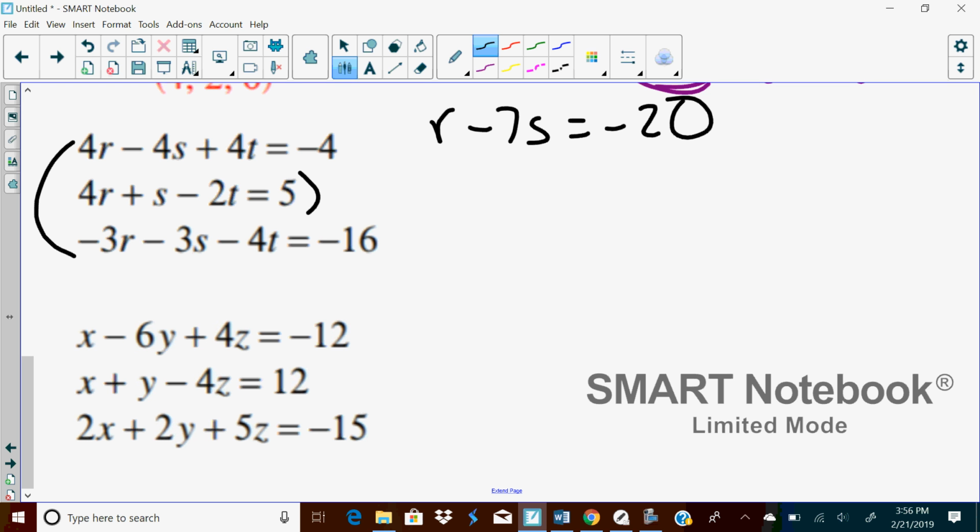So I can multiply this one by 2 and get 8r plus 2s minus 4t equals 10. When I combine, I'm going to end up with 12r minus 2s equals 6.